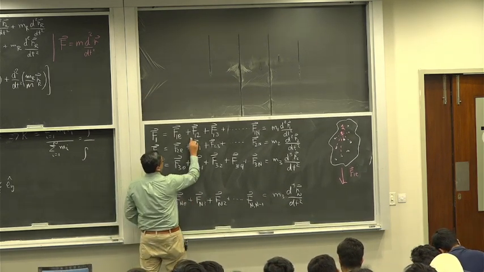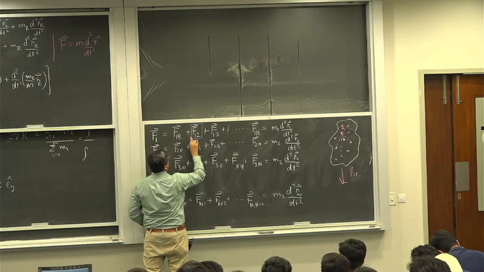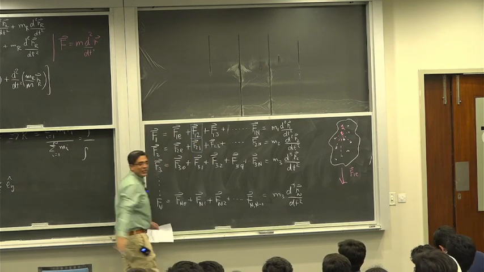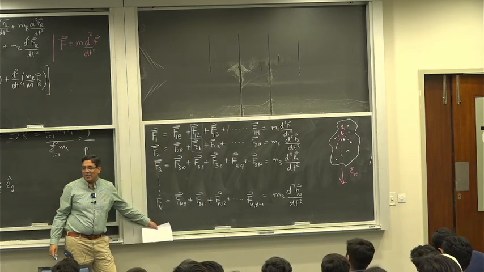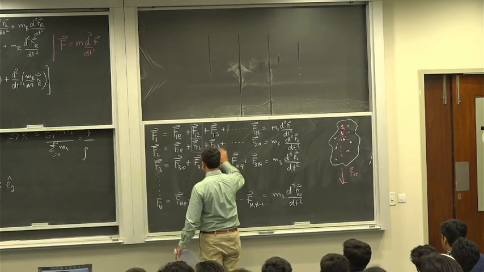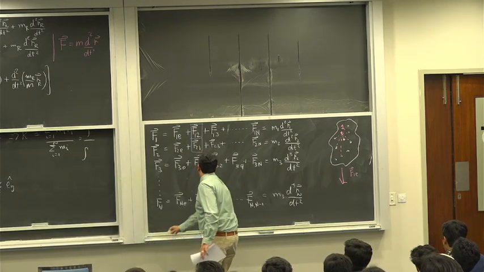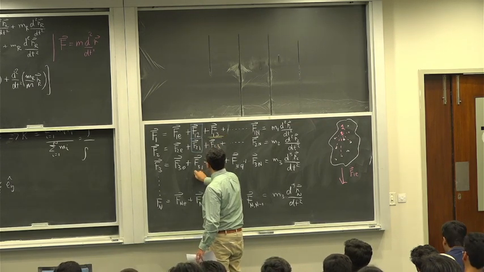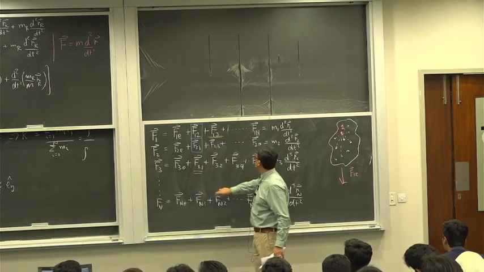Now look carefully. You see this force, and this force? They are an action-reaction pair, so the vector sum is 0. How about F13 here and F31, an action-reaction pair?